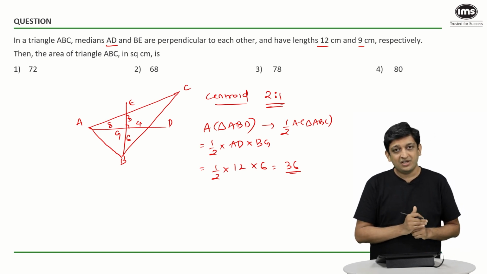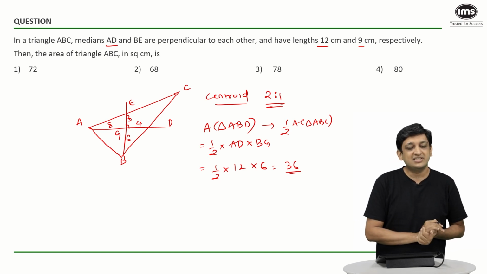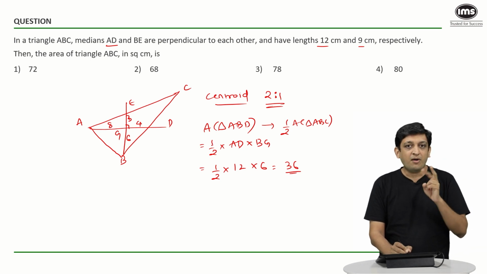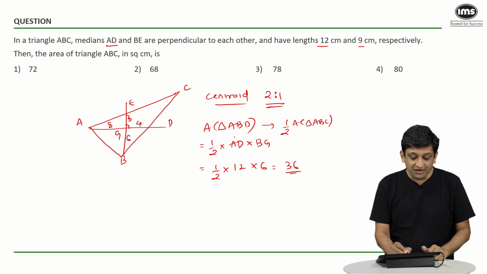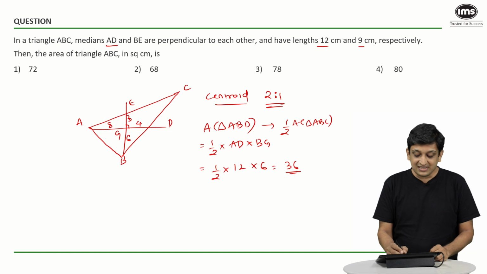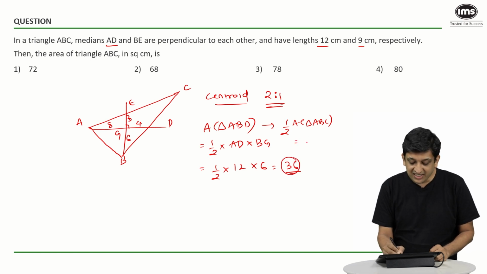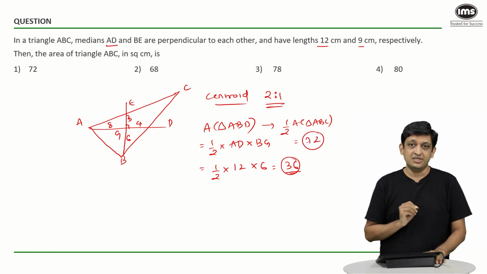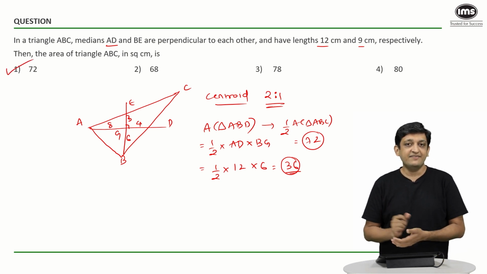Because a median touches the midpoint of the opposite side of a triangle, the areas of the two triangles formed by a median will be equal to each other. So in this case, the area of triangle ABD is half of the area of triangle ABC, which tells us that because the area of triangle ABD is 36, the area of triangle ABC will be twice 36, or 72 square centimeters. So the correct answer here is option 1, that is 72.